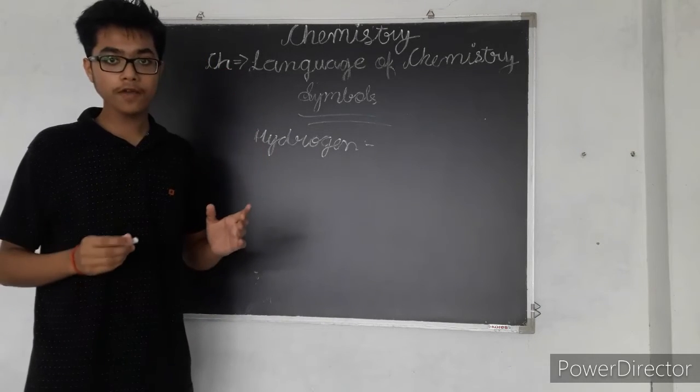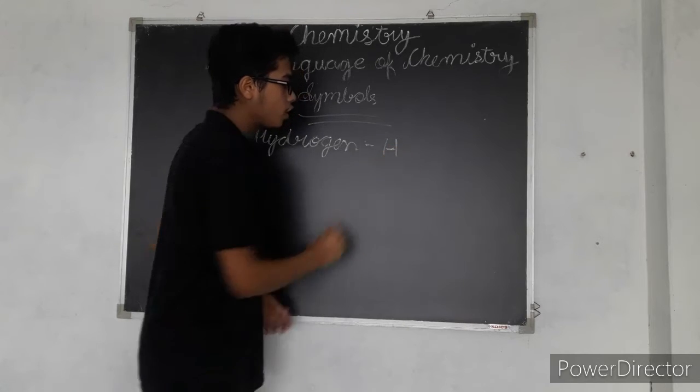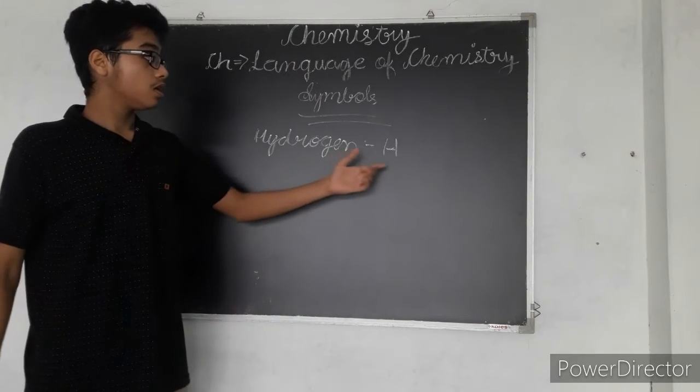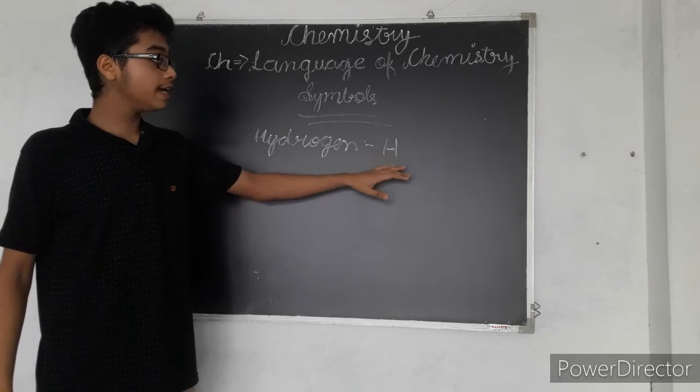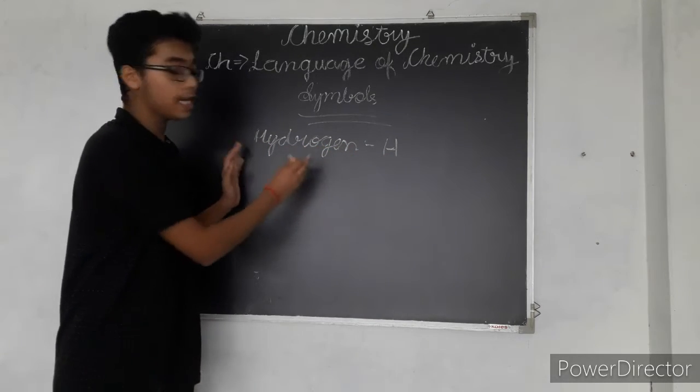Symbol is the short form I have told. So its symbol is H. The symbol of hydrogen is H. It is a short form and it stands for an atom of this element. The element is hydrogen.